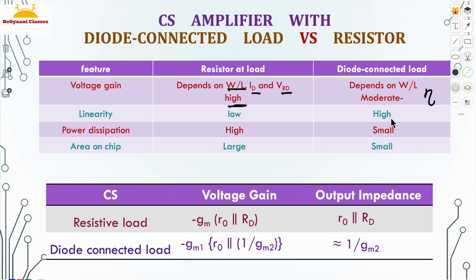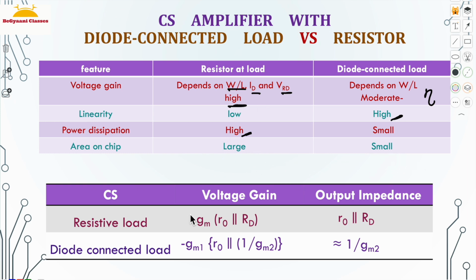Linearity is higher in the diode connected common source amplifier than in its resistive load version. Since we are using a resistor at load, the power dissipation is higher than with diode connected load, and for the same reason the area on chip is obviously larger with resistive load.